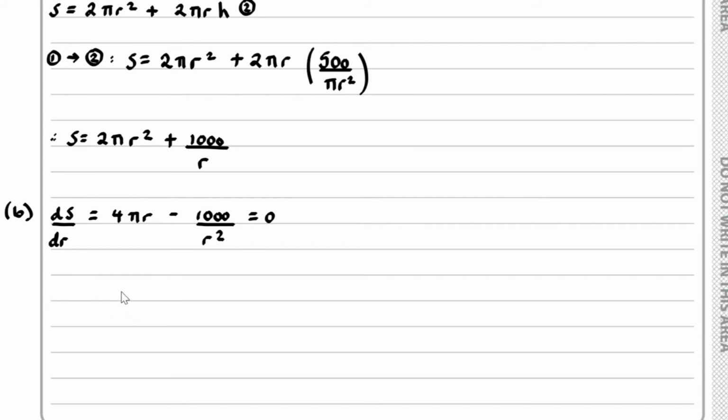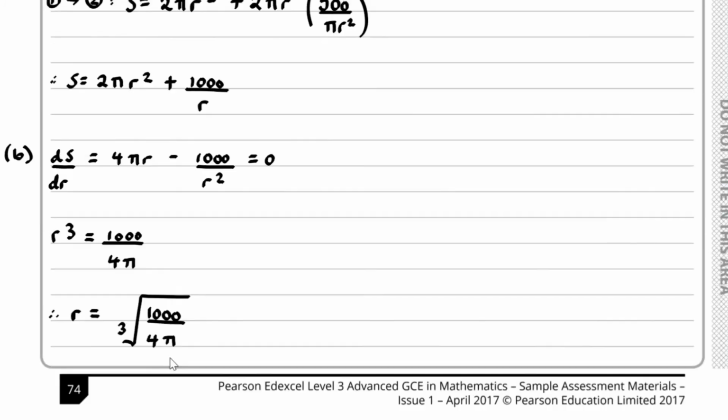So, multiplying through by r squared, we've got r cubed, and then if I rearrange, that's equal to 1000 over 4 pi. In which case you can see r is equal to 1000 over 4 pi, and then we take the cube root of this.